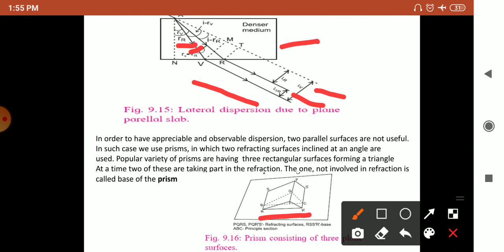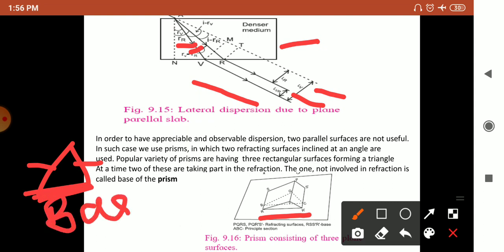So a prism has three rectangular surfaces forming a triangle. At a time, two of these take part in the refraction, and another one is the base, which does not take part in the refraction.